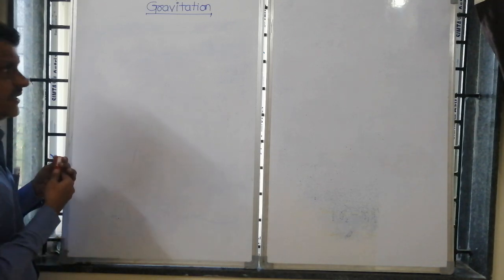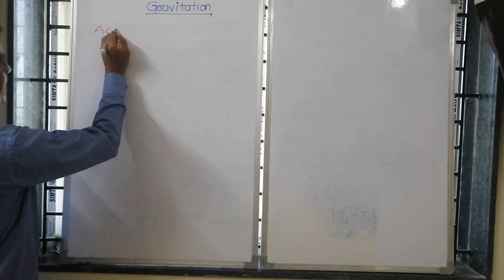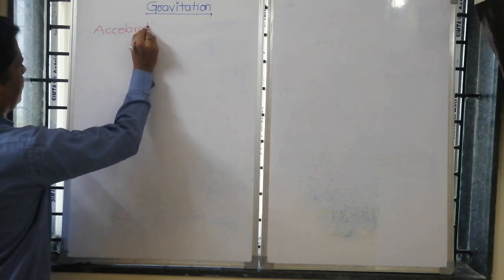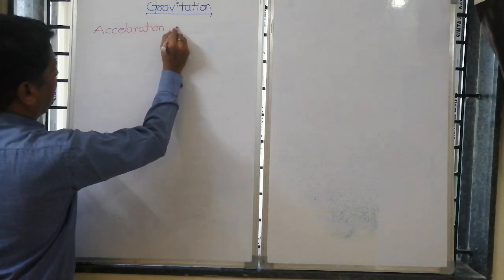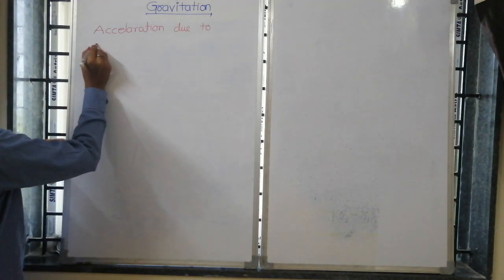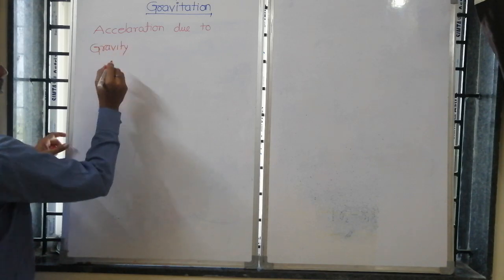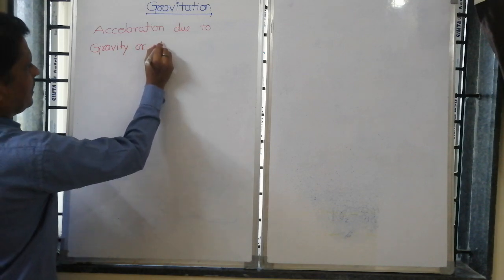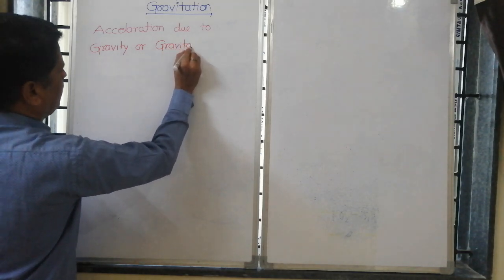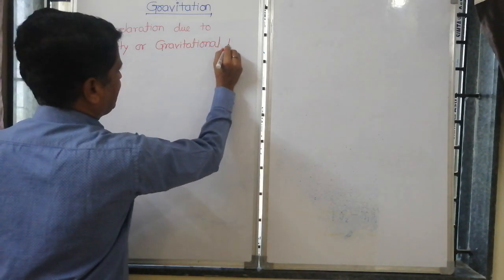Now the next heading is acceleration due to gravity. Acceleration due to gravity, or it is also called gravitational field intensity.